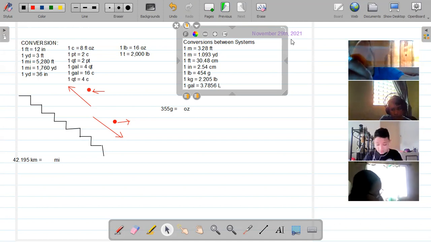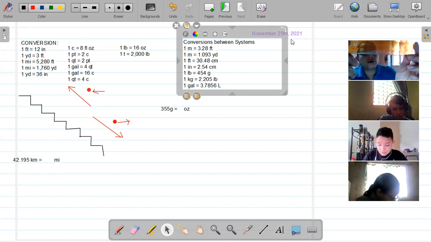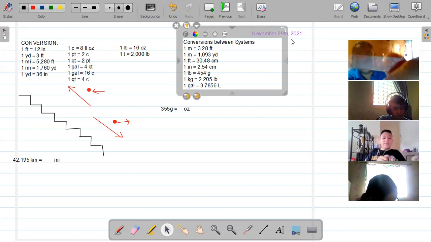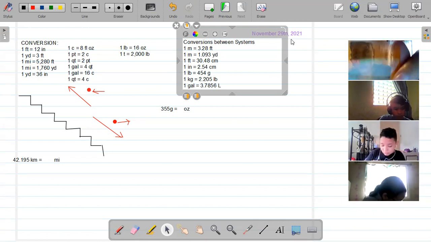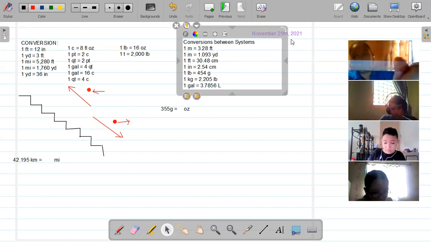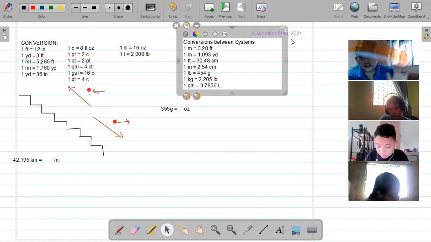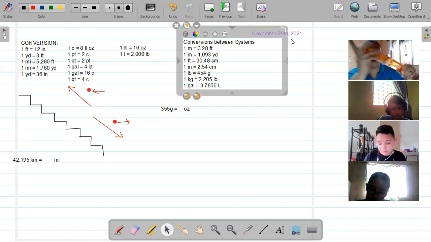Okay, at the top, we have inches. And I also told you that at the bottom, we have centimeters. Okay, you see centimeters. At the top, 12 inches, at the bottom, centimeters. So why am I telling you that 1 foot is 30.48 centimeters and not 30 centimeters as the ruler says?